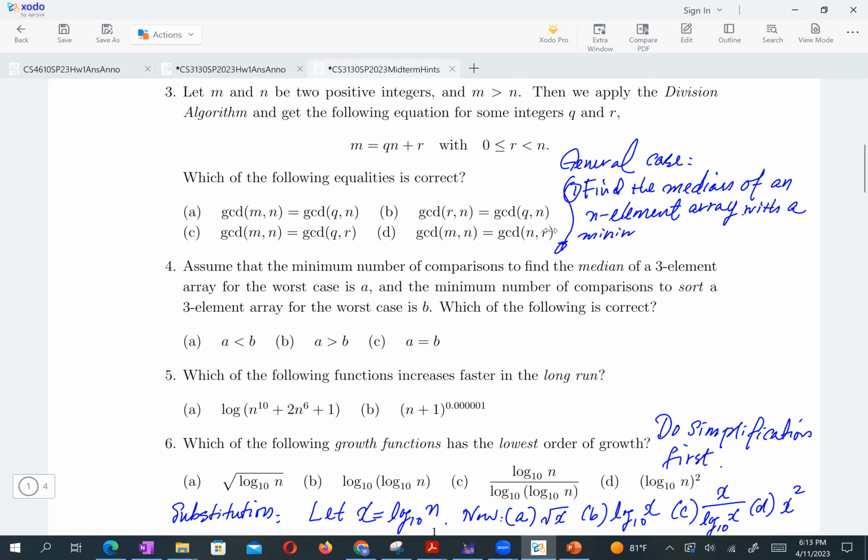The other is to sort an n-element array with B minimum number of comparisons. These two questions.